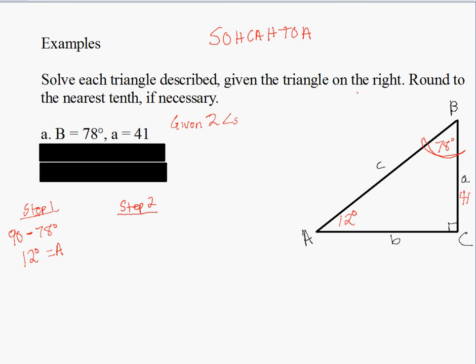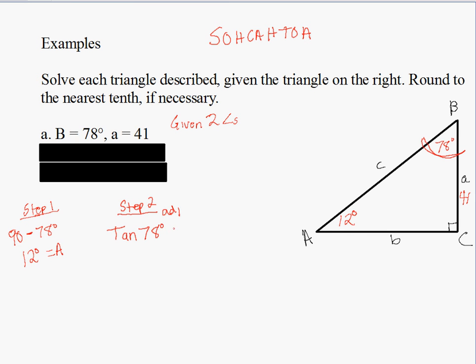Being that adjacent is going to be at the bottom, I'm just going to use tangent. It's going to be an easier calculation that way. You can use cosine, you will get the same answer, but I'm going to use tangent here. I'm using tangent because tangent has adjacent in it. I can't use sine, but I can use cosine or tangent. So tangent of 78, remember I'm using the angle that they give me.